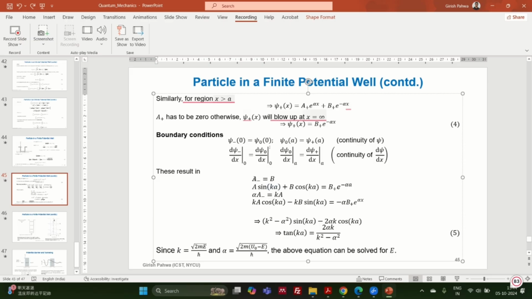So in this equation I got A minus from this equation in terms of A, because A minus is equal to B, so B can also be calculated in terms of A. So A minus and B both can be calculated in terms of A. Now you have this equation which has A and B. Now if I put B in terms of A, which is Ka by α here, everything on the left side will be in terms of capital A. And then you have this equation.